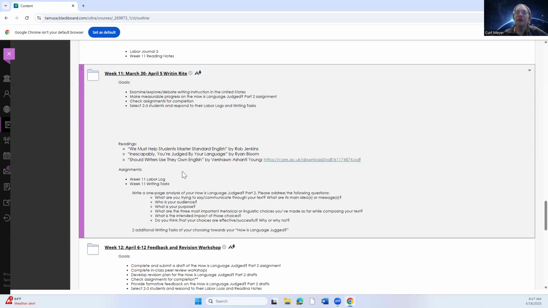And he gives an example of receiving an email from an insurance rep that has emojis in it, has text abbreviations like LOL and stuff like that in the body of the email, which Jenkins considers to be extremely unprofessional, right?